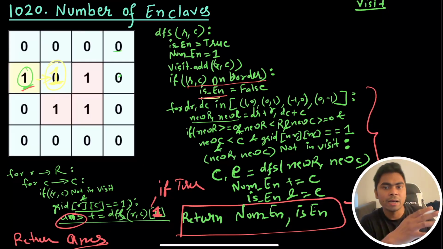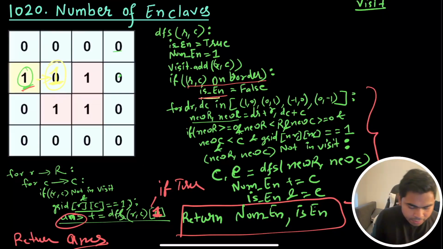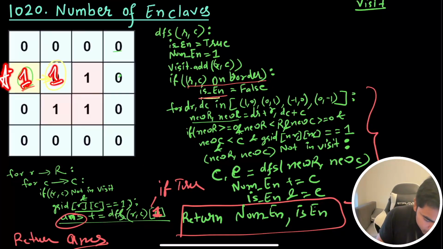So the next time I'm not actually visiting it, because if this is in touch with this one, this is also in touch with this one, which is part of the border. So this is the border, and I don't want to consider this as an enclave, and next time this will also make this not an enclave, this not an enclave.